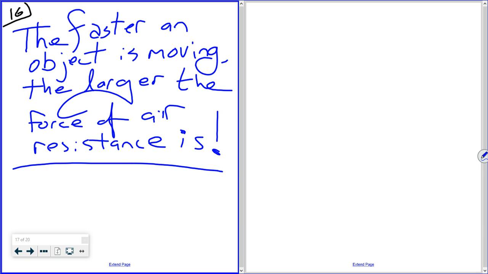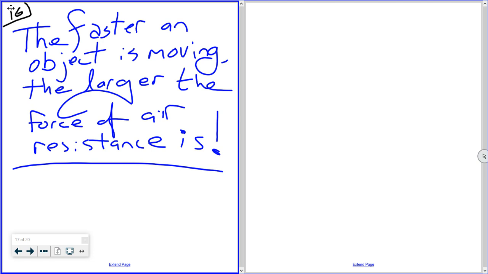All right, everybody good up here? Another thing we need to make sure we address is the direction in which the air resistance acts, which for many of you is obvious, but maybe not for all of you. Notice, if the paper is moving that way, which way does the paper get pushed? The other way. If the paper moves this way, which way does it get pushed? The other way.